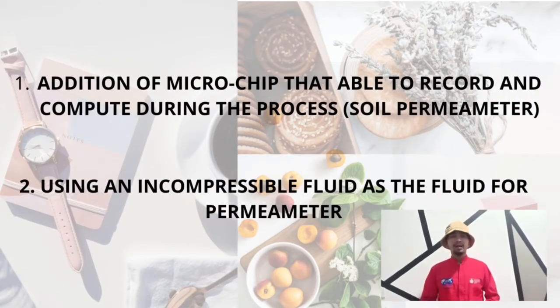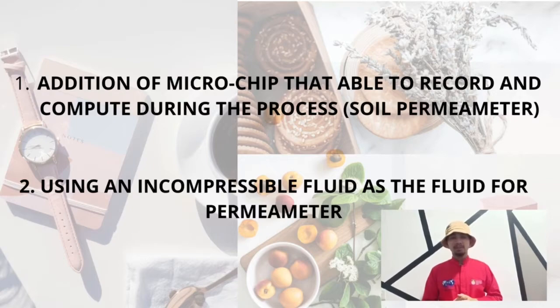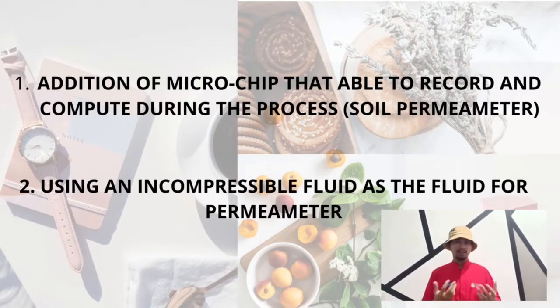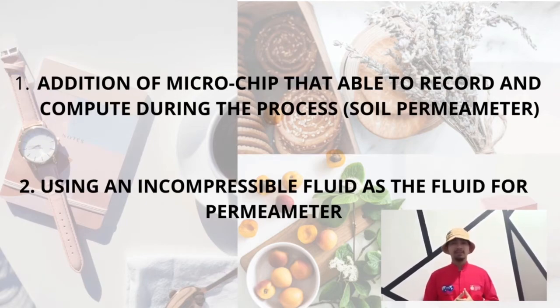Basically, there are two improvements that can be made to the current liquid permeameter, which are: first, the addition of a microchip that is able to record and compute while doing the process, and the second one is using an incompressible fluid as a substitute fluid for the permeameters.